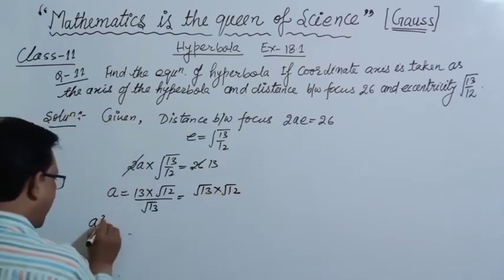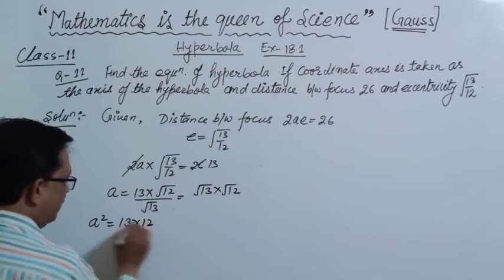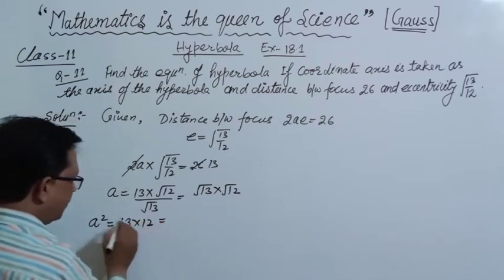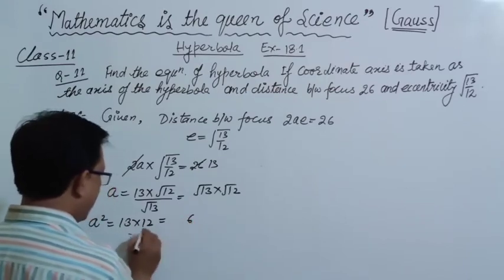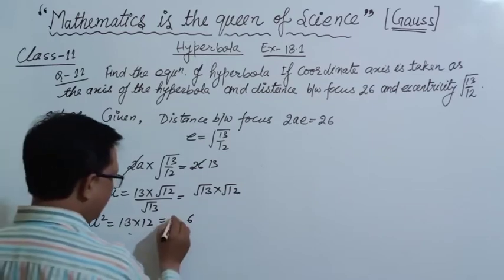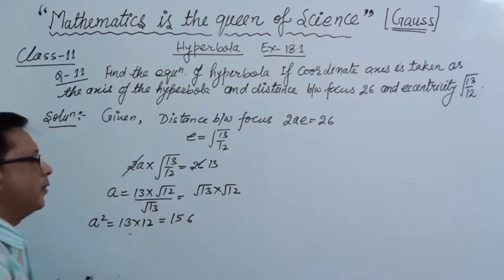So A square is equal to, squaring both sides, 13 into 12. Now we multiply this. 12 times 3 is 36, and 12 times 1 is 12, so 156. So the value of A square is 156.